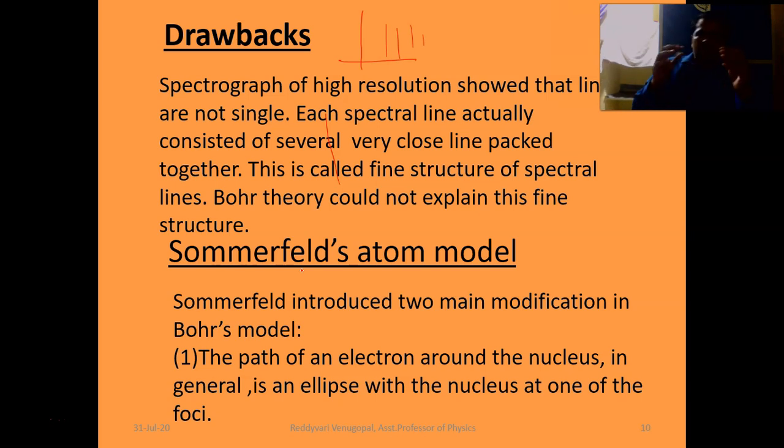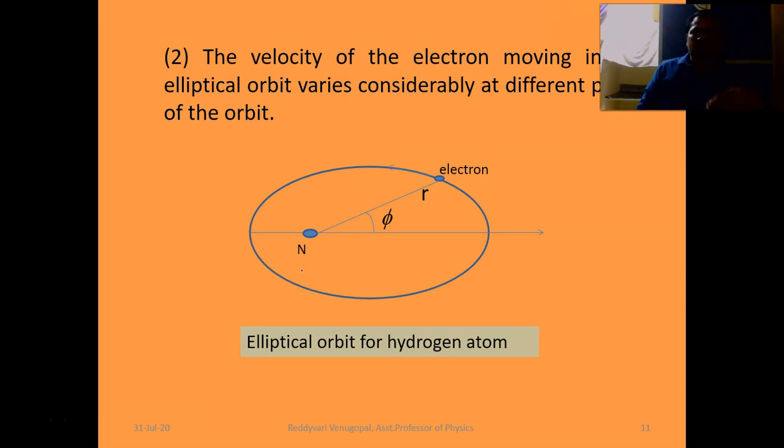The first modification Sommerfeld made is that the orbit shape is not a circle, it's an ellipse.